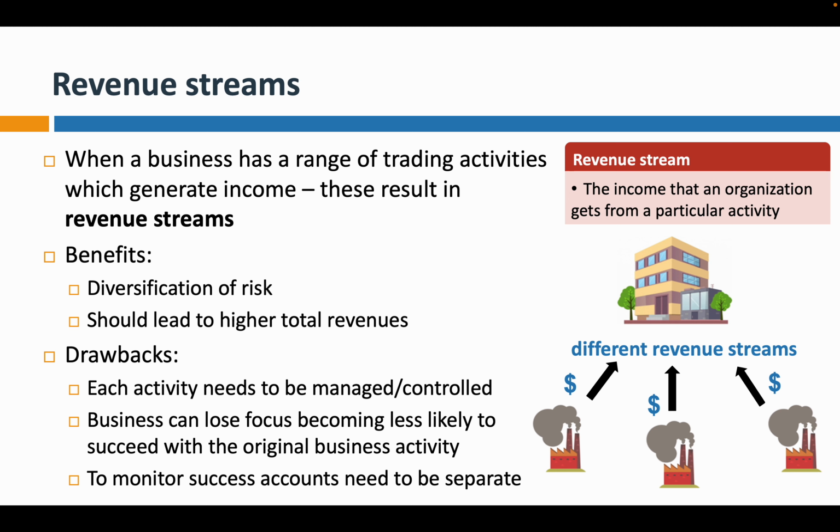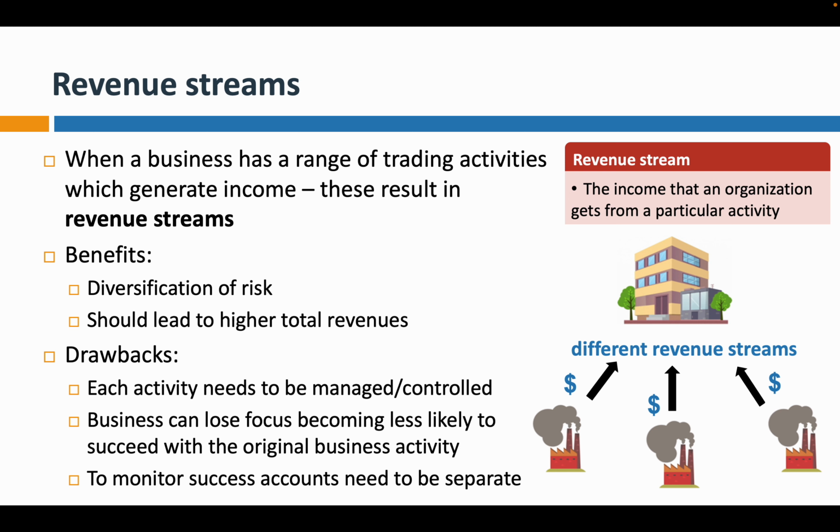That's logical. Each product is going to have a different demand and different seasonality of how the product is being sold. So these revenue streams might be complementing each other, and the more you have, the higher total revenue you are likely to get.